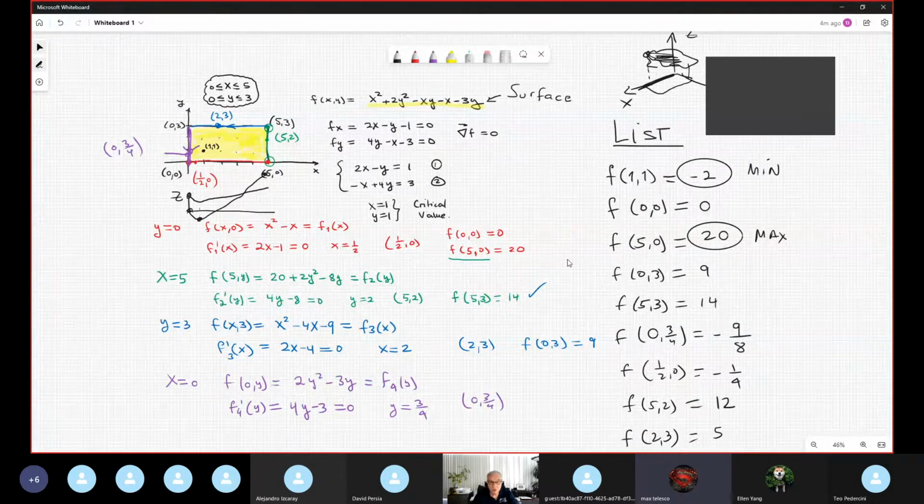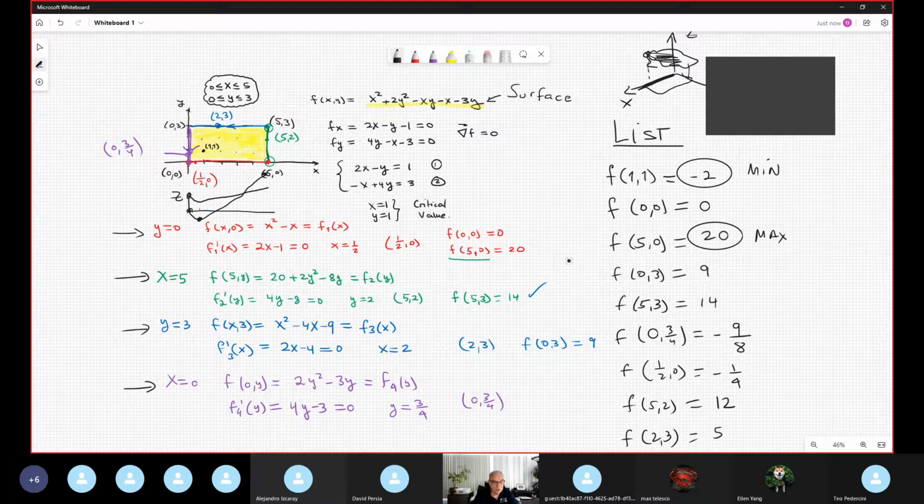The boundary. When you chose y equals 0, x equals 5, y equals 3, and then x equals 0, is that because those are the points on the corners too? No, not exactly. When you introduce this restriction, you convert my surface into a 1-dimensional problem.